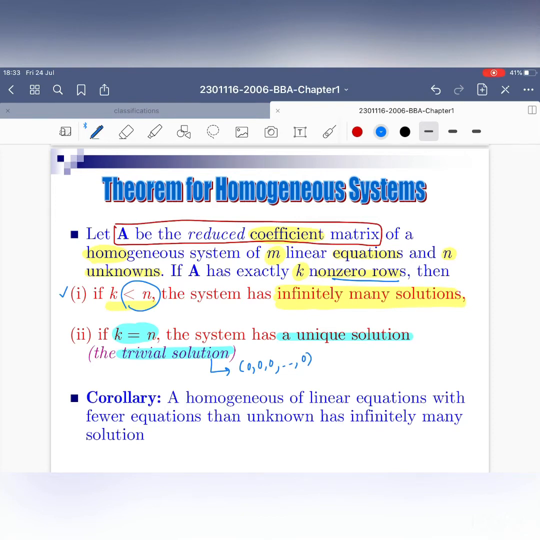Usually it will occur whenever your linear system has fewer equations than unknowns, then this always happens. And if this happens, it means that your homogeneous system has infinitely many solutions. This has to be homogeneous.